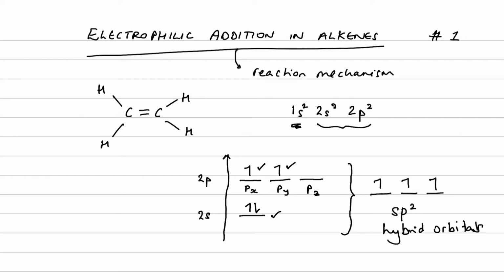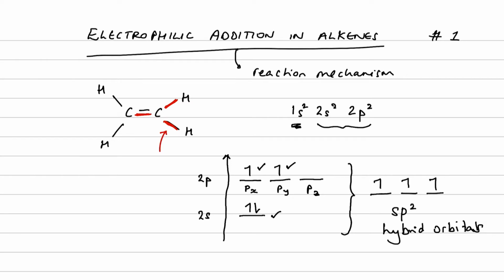These 3 sp2 hybrid orbitals are essentially the orbitals that are responsible for the single bonds. So one of them is going to be used to make that carbon-hydrogen bond. The second one is going to make that carbon-hydrogen bond, and the third one is going to make a carbon-carbon bond.